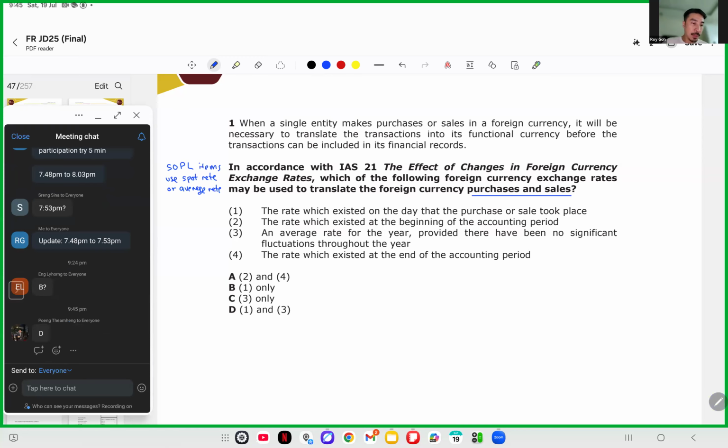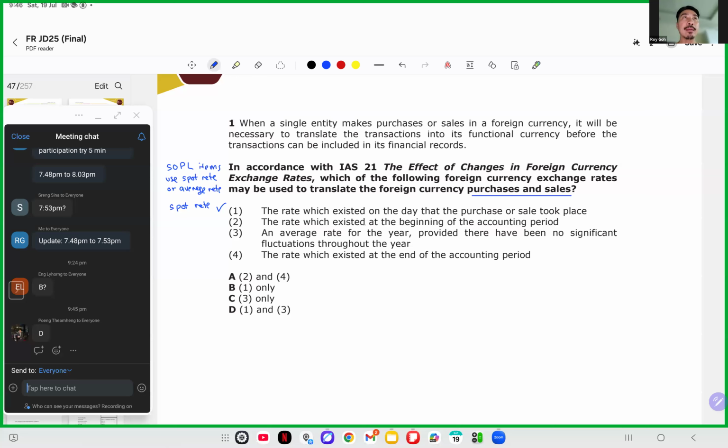Tiam Heng says it is D, and you are right. Let me explain. The rate at the date of transaction, so yes, you can use a spot rate, that is correct.